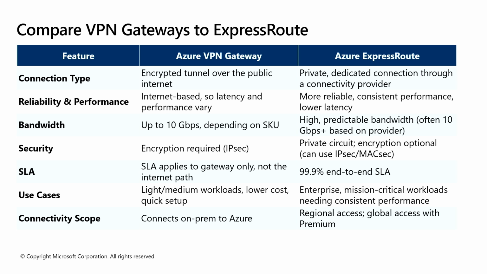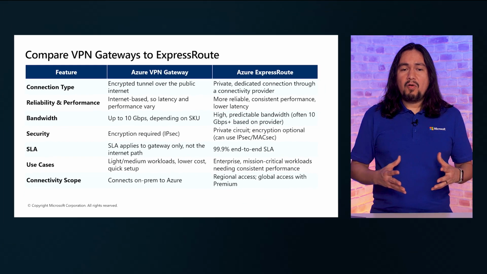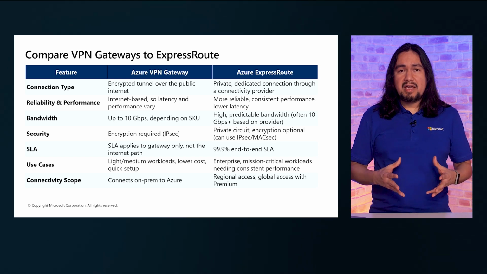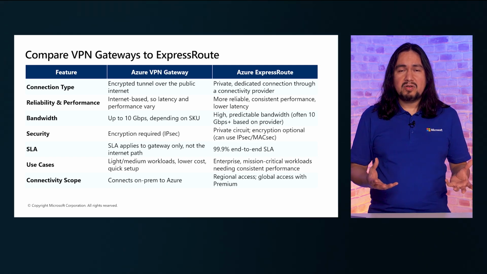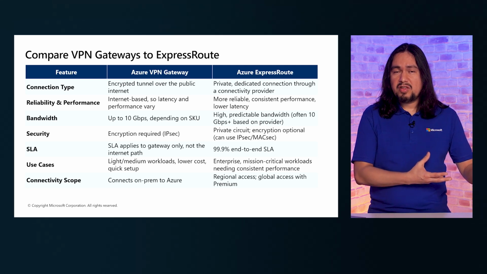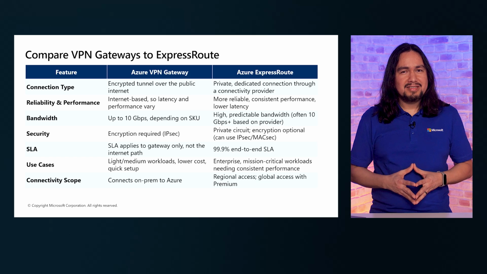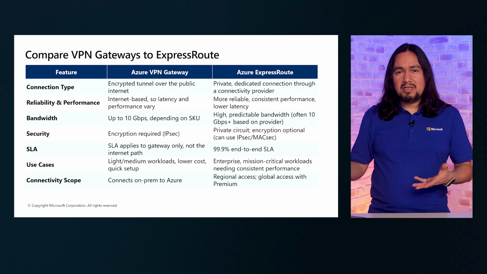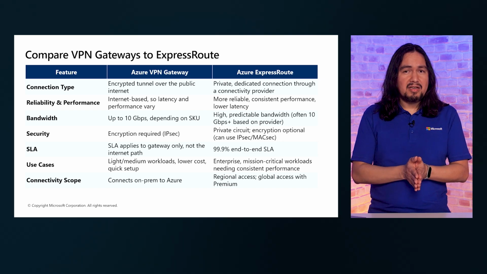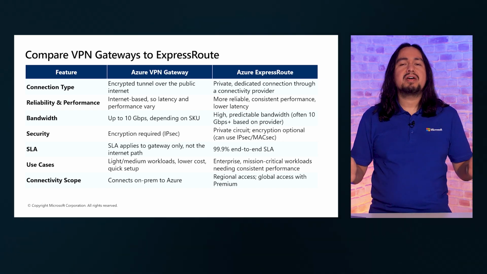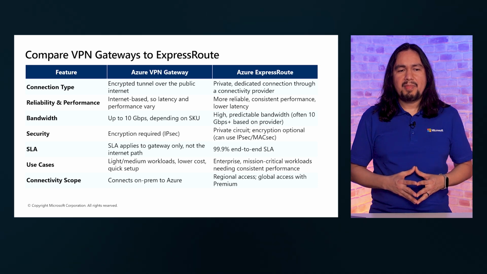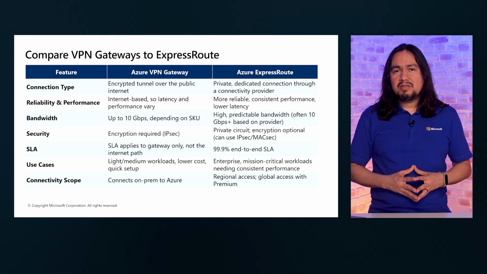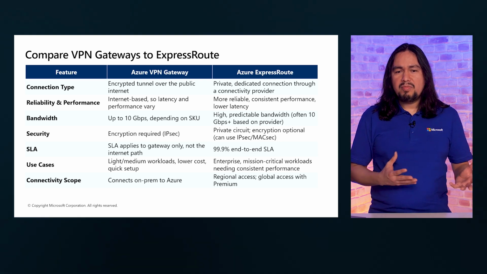In terms of security, Azure VPN Gateway will give you IPsec by default, whereas in Azure ExpressRoute, you will need to have an ExpressRoute Direct circuit in order to enable MACsec. For the SLA part, since the VPN gateway is going through the internet, we can give you an SLA for the virtual network gateway, but we cannot give you that for the internet, of course. And in ExpressRoute, we're going to have the SLA 99.9 for the whole connection, end-to-end availability. The use cases for VPN connection are for light or maybe medium workloads.